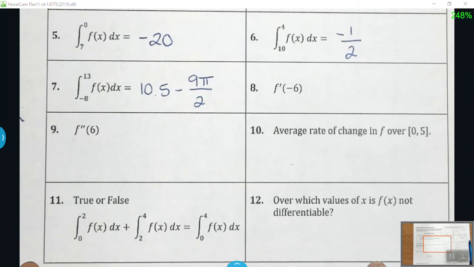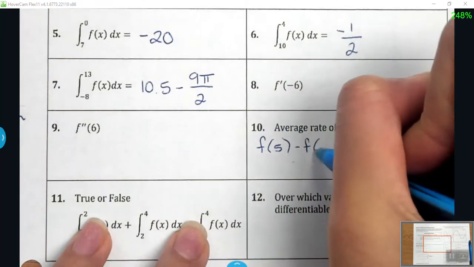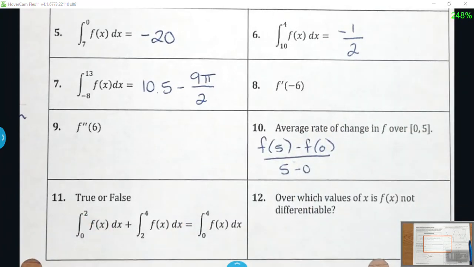Average rate of change is secant slope. No, because you see here, something happens. If it's not continuous, it can't be differentiated. It's like there's a number here.